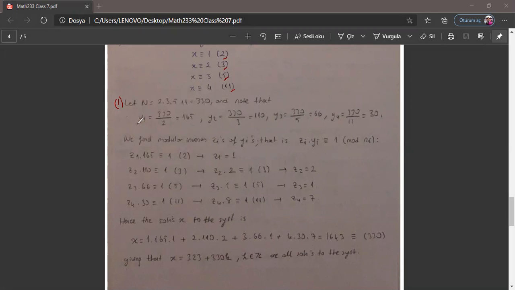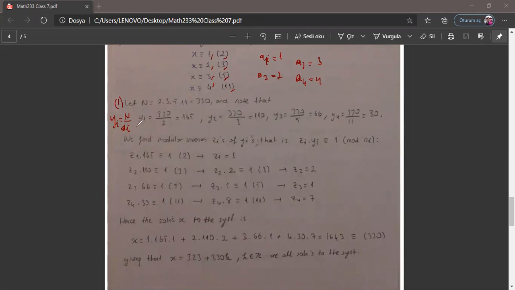Then you find the yi's by N over ai, and the ai's are these ones. So a1, for example, is 1, a2, a3, and a4.